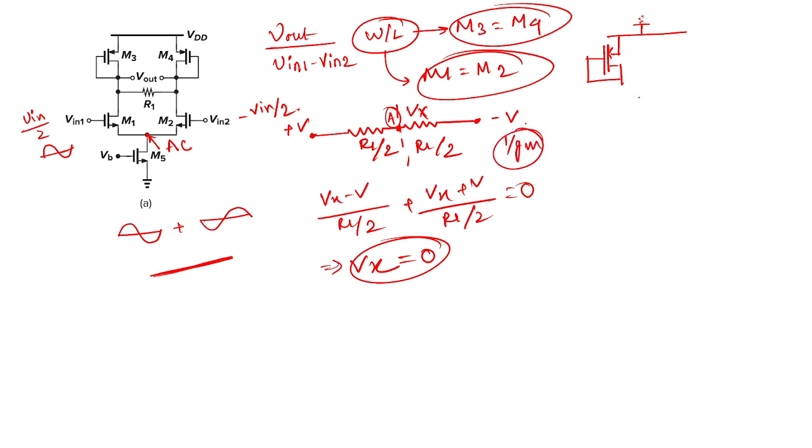So now just replace the circuit like this: R1 by 2, this is virtual ground, R1 by 2, and this part.